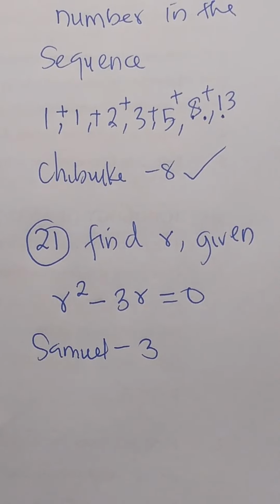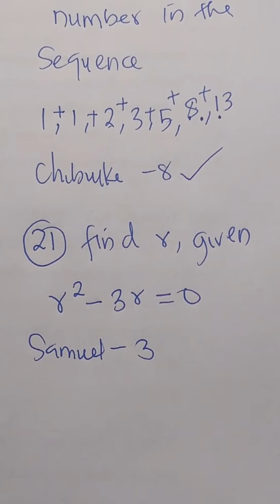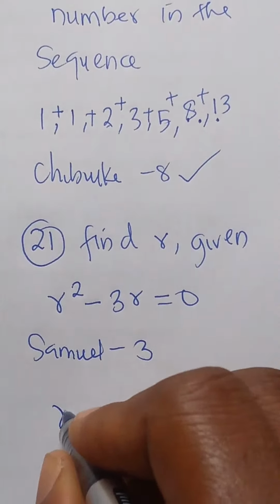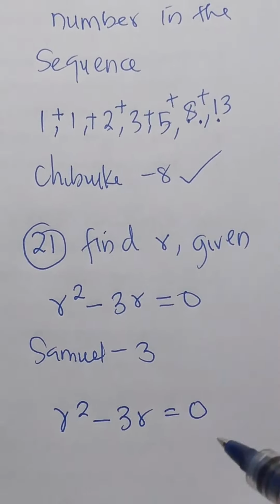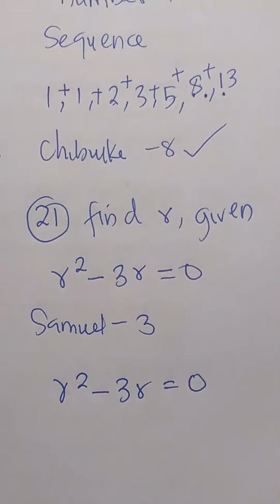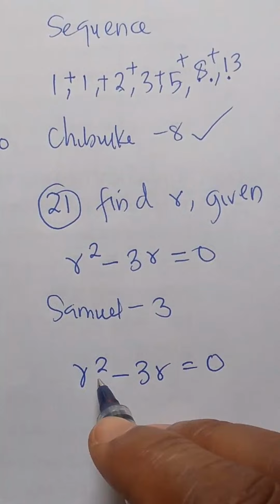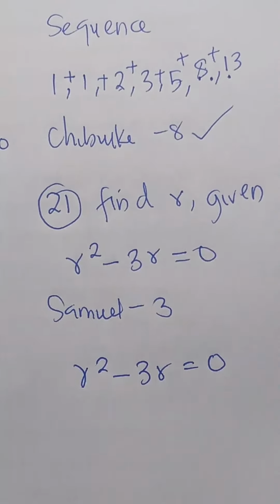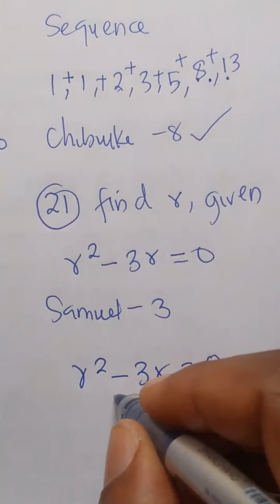So let me solve it. To solve it is easy. Now we have r squared minus 3r equal to 0. Whenever you're given any mathematical expression with a variable in it, like this r here is a variable, and it has a power of 2, it simply tells you that this is a quadratic equation.